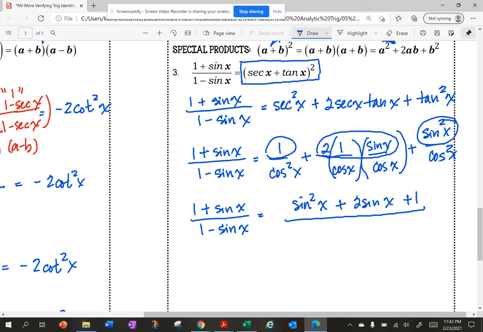And then cosine squared, I can rewrite as 1 minus sine squared. So I'm going to substitute 1 minus sine squared of x. And I'm doing that because of what I see in the denominator here.